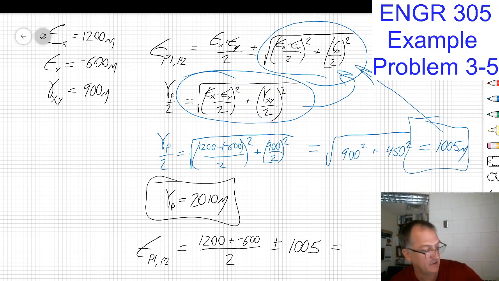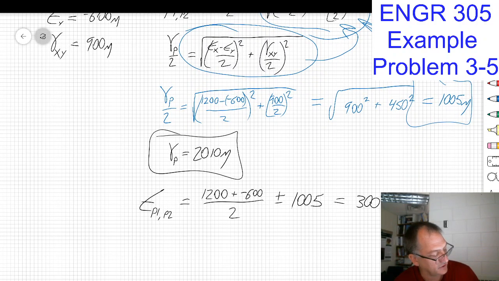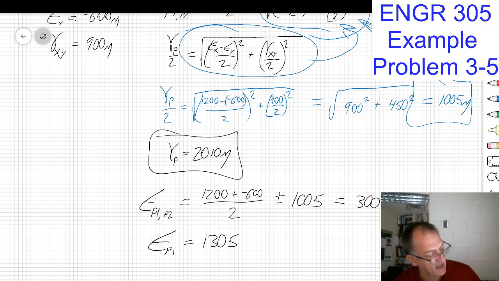That's 1200 minus 600 divided by 2, 300, plus or minus 1005. So epsilon P1, when I add it, is going to be 1305. And the strain in the other direction is going to be minus 705.